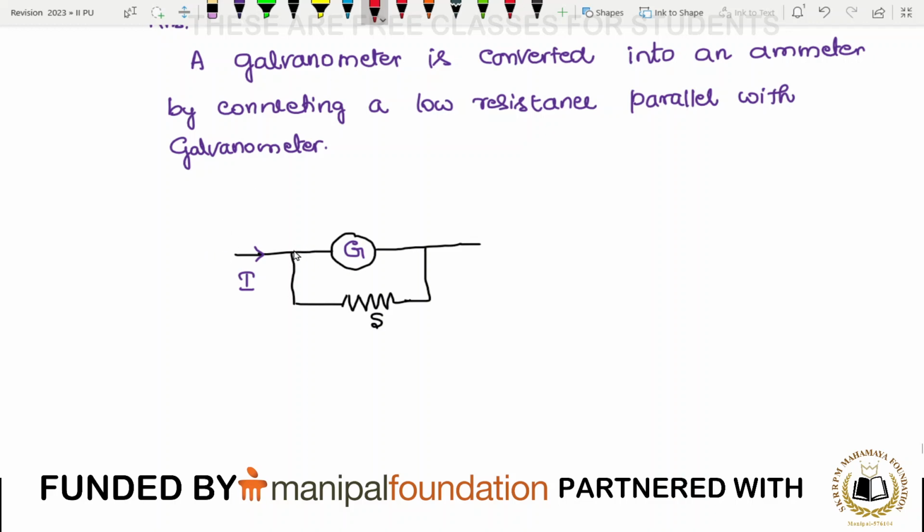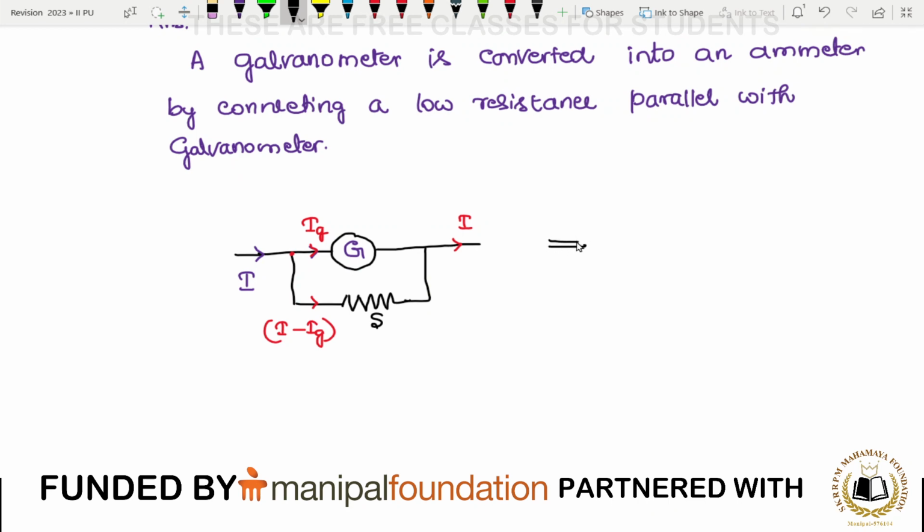Now what happens here? I is the current coming here. The current splits. This current I call Ig, so the current flowing through the other branch is I minus Ig. So I is the current coming here, it splits: here flows Ig and here flows I minus Ig. Once again the current becomes I. We can redraw this.